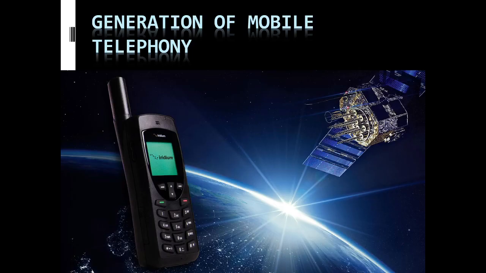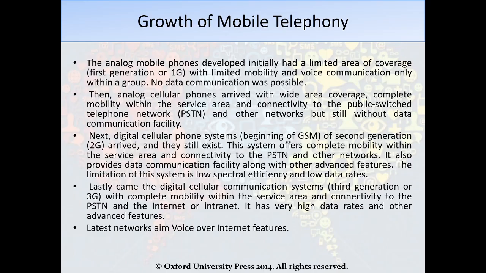Looking at the generations of mobile telephony, we've gone from standard analog communication to digital communication. 1G was purely an analog communication standard, which had a very limited area of coverage and very limited mobility, and those earlier generations focused only on voice communication.